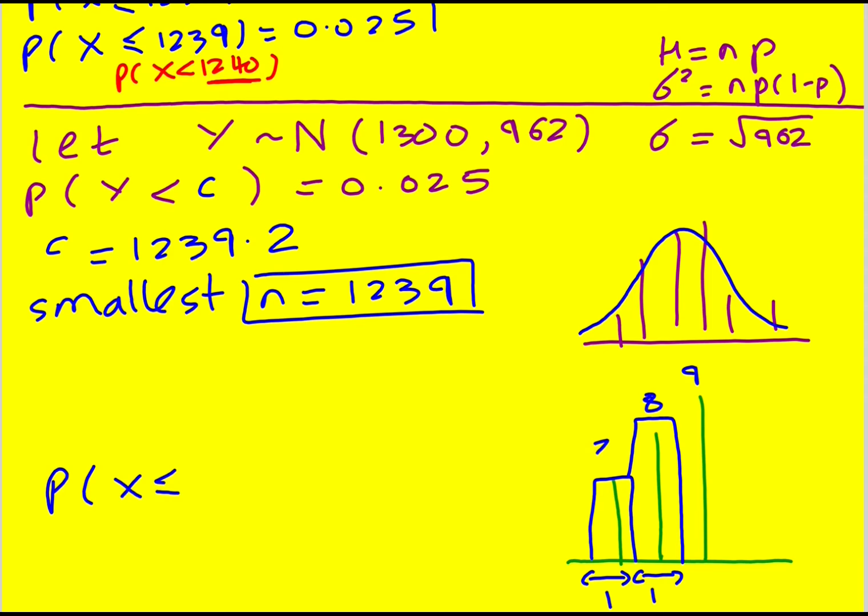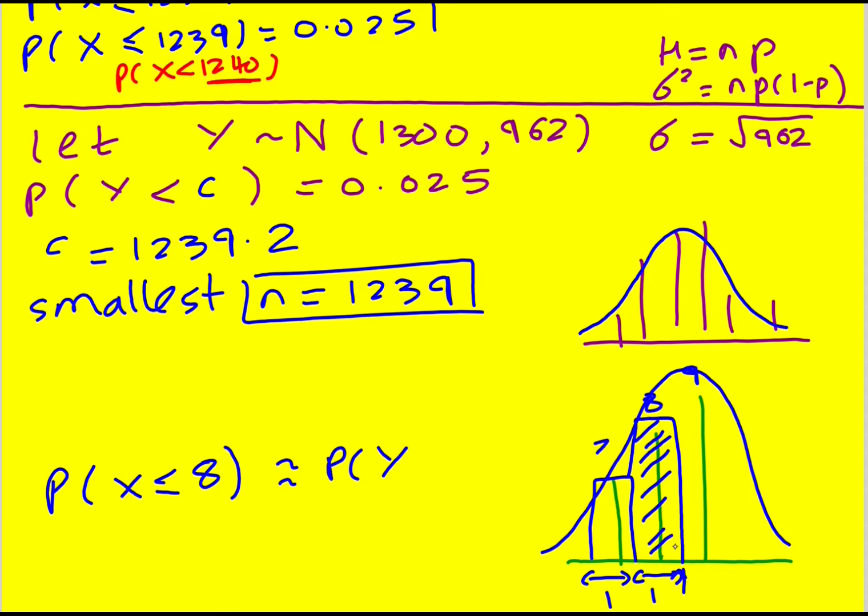It's going to apply for any discrete to continuous approximation. So if I want the probability that x is less than or equal to 8, then for my normal distribution, if I want to include 8, I'm actually going to need to go up to 8.5.